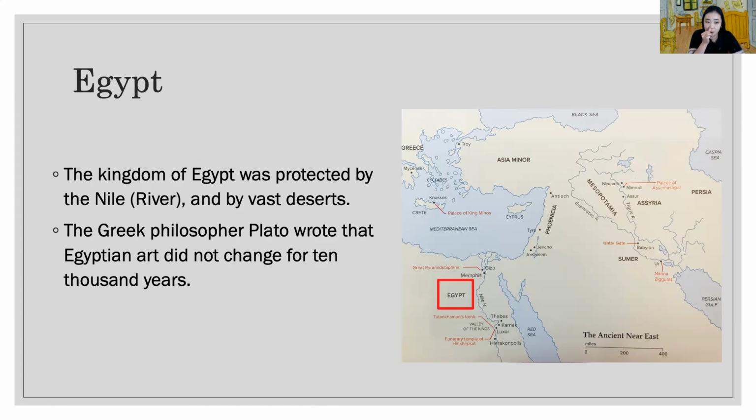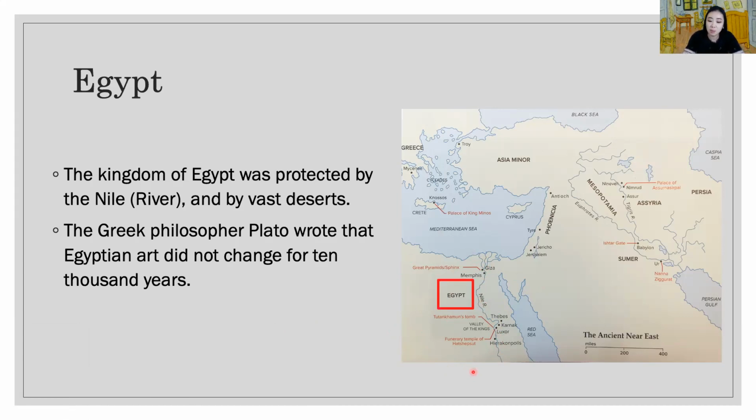All right. So the kingdom of Egypt was protected by rocky and navigable stretches of the Nile River. Here's the Nile River. It was protected in the east and the west by vast deserts.